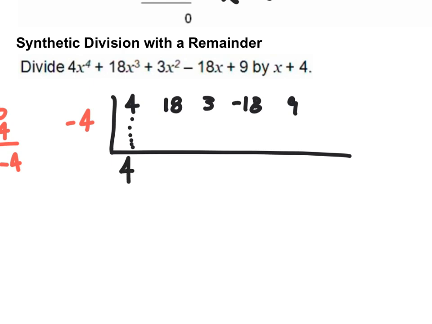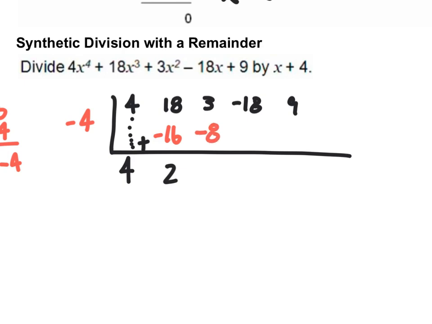So we get 4. So I take negative 4 times 4, and that gives me negative 16. Then I add these together, and 18 plus negative 16 gives me positive 2. Then I take negative 4 times 2, and that gives me negative 8.